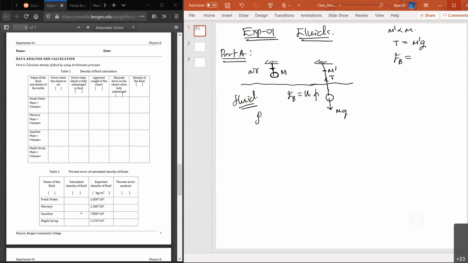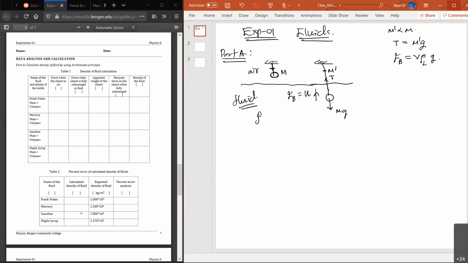You can use any of the variables, but make sure you write them down in your report properly. FB, he figured out, is the weight of the displaced mass of the water, which is equal to the volume of the object times rho of the fluid or liquid, use FL here to represent the liquid, times the gravity.